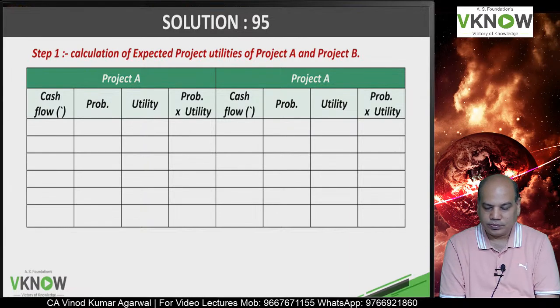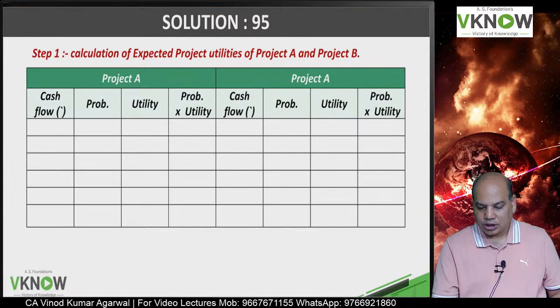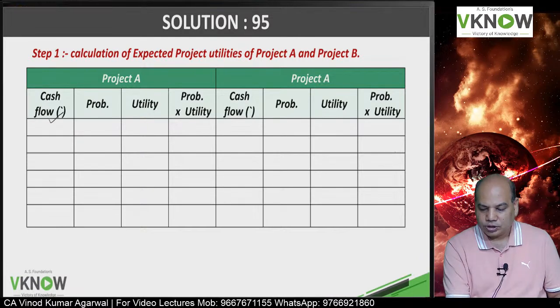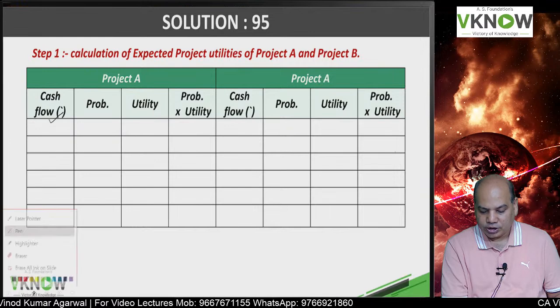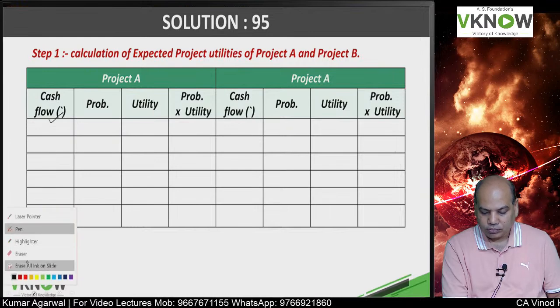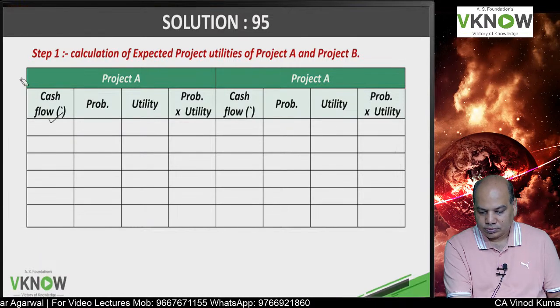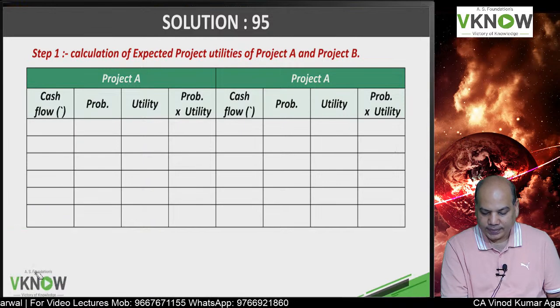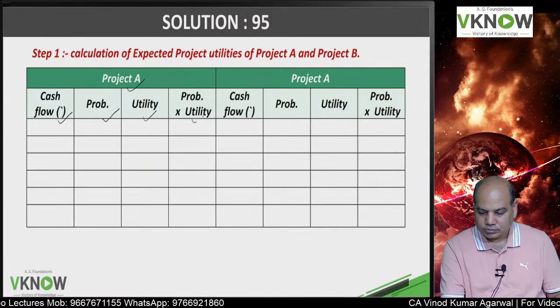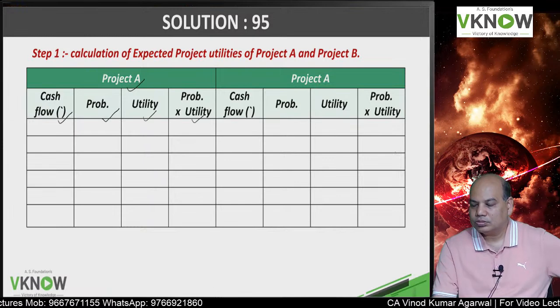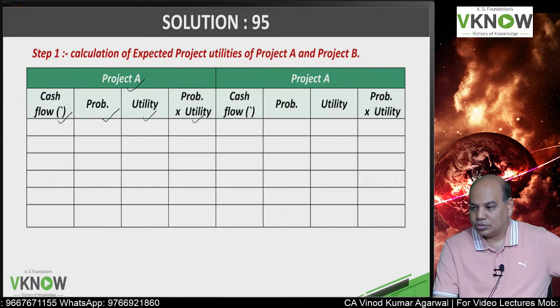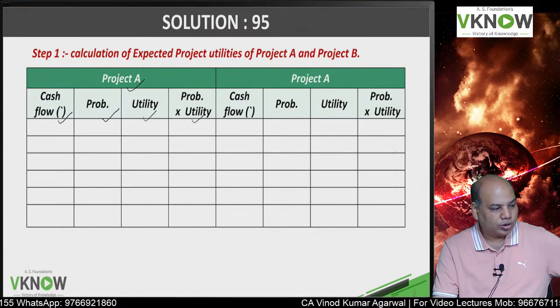So what I'll do, they have given us cash flow. Write down the first format, project A. Under project A, we have 4 columns: cash flow, probability, utility, probability into utility.